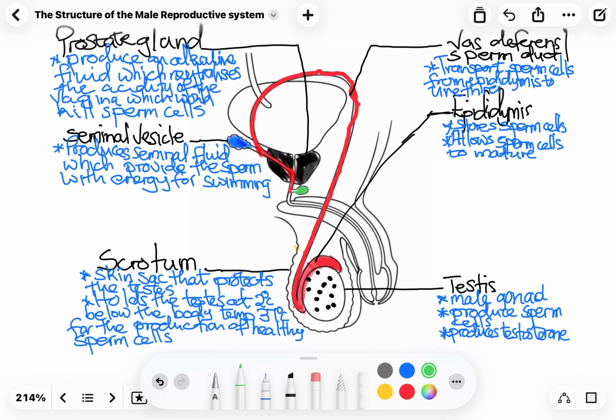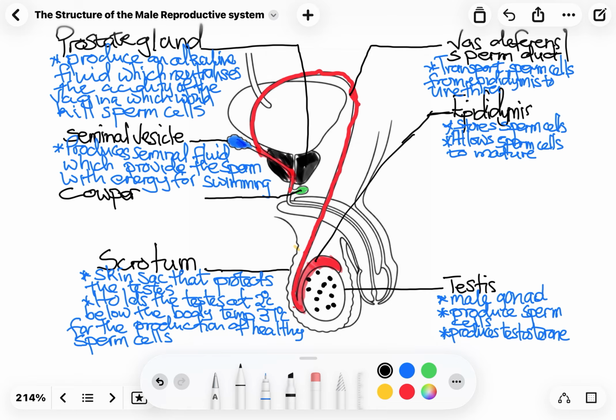Right, so let's identify this accessory gland. This accessory gland is also going to secrete a fluid onto our sperm cells. Right? So this accessory gland is called the corpus gland.